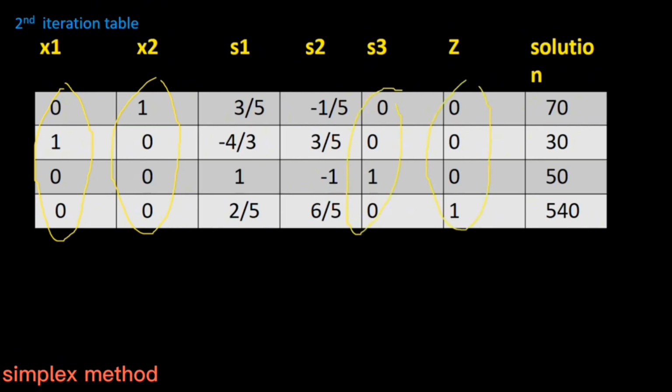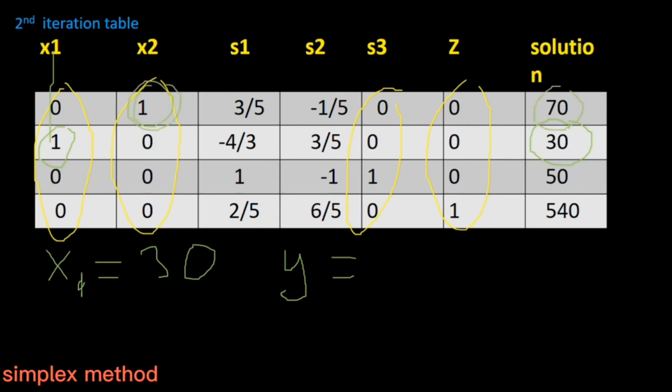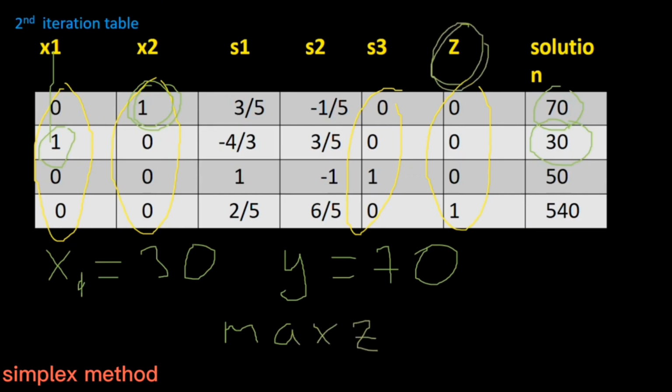From here we can directly conclude that x, where there is 1, equals 30. x2, that is y, where there is 1, equals this 70. And the maximum of z is equal to this point, that is 540.